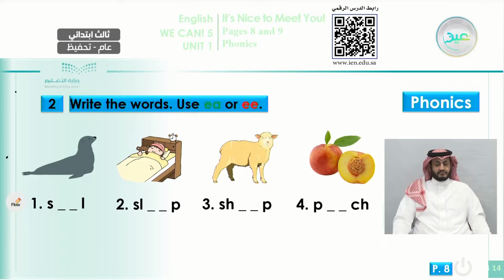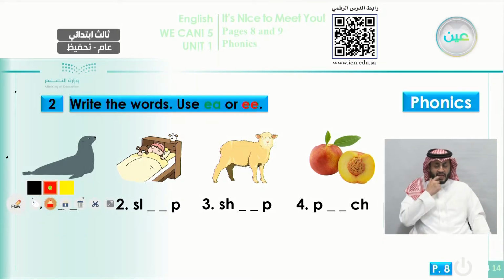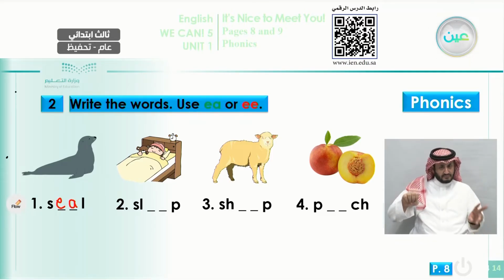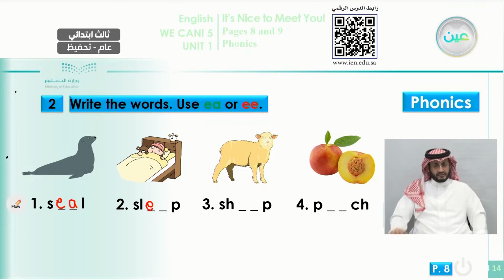Let's write it down. Okay, here we can use the color red to complete the words. As you can see here, this picture tells us that it is seal. So how do you spell it? S-E-A-L. So this is seal. And this picture indicates that the girl is sleeping. So we can write sleep.